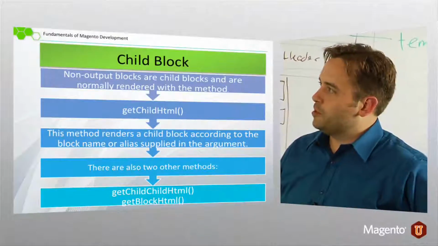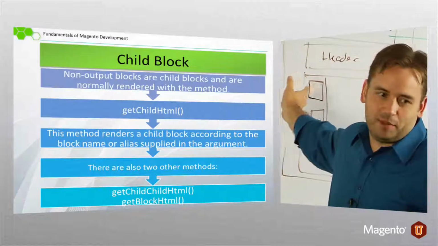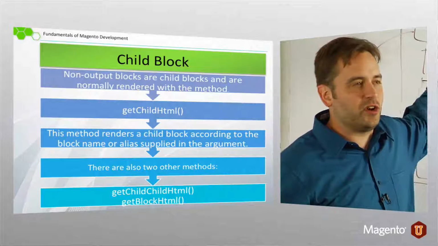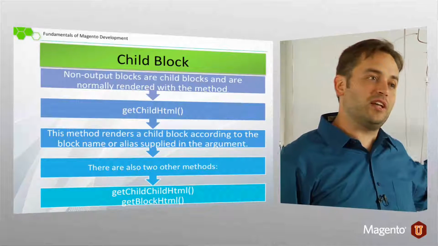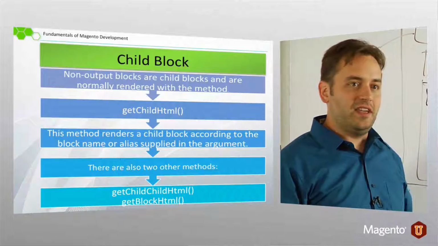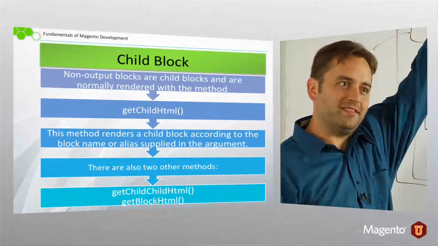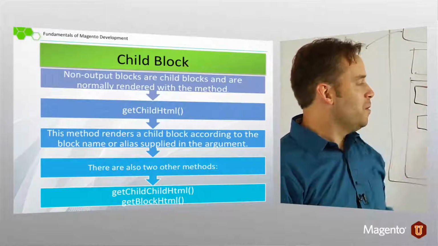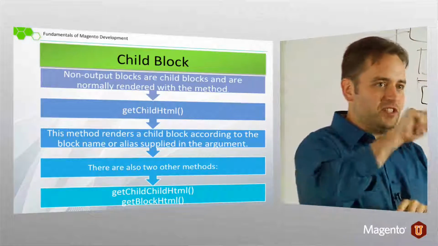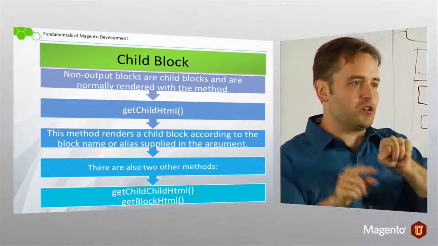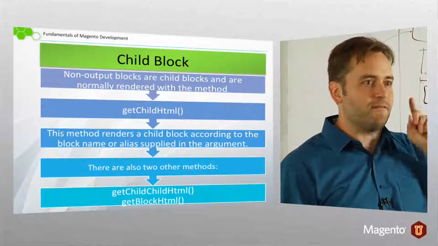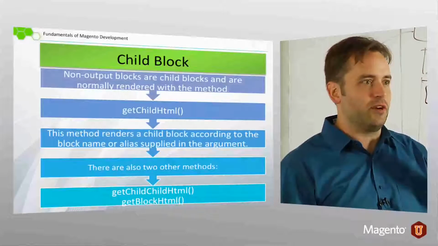Well, so we have to deal with this concept of where do we start? How does the system know where to start? Because actually what happens with the layout object, all the layout object has is a flat array of blocks with just key pieces of information to set up certain relationships about who's a child of whom, as well as one key piece of information to find out where to start rendering.